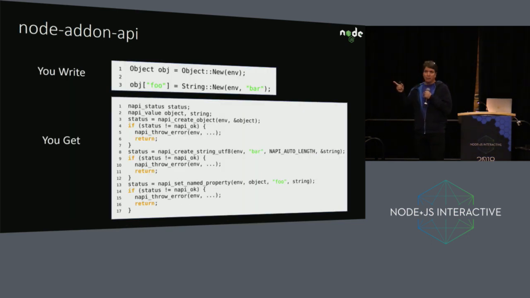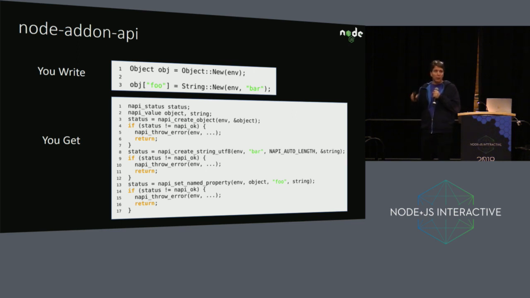Now, when you use it, what you see is you write what's on the top. So basically, I'm creating an object, and I'm assigning a property to the object. I've got 2 lines. But in your actual code that you compile, the inline C++ expands to the code we see below, which makes the NAPI C-level call. So, calling napi_create_object, napi_create_string_utf8.